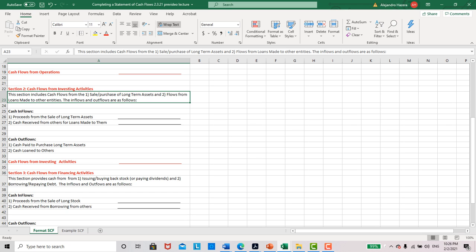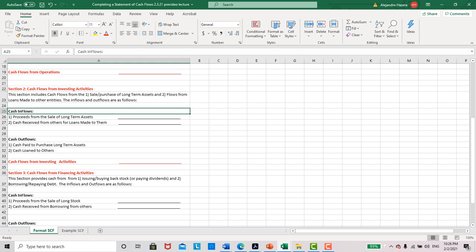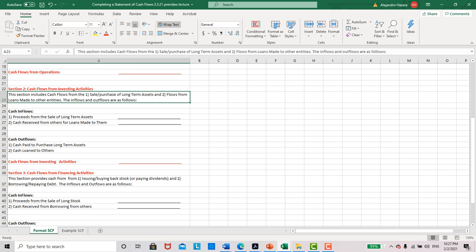Okay, now, what I like about both this section and the next section of the statement of cash flows is that each one of these activities has sort of an equal and opposite, mirror image cash flow.